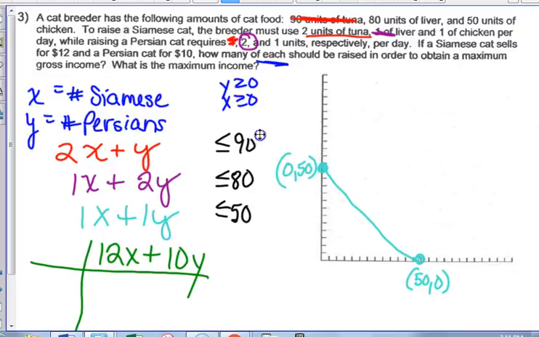Okay, if I do the red one up here, if I put in a 0, I'd get out a 90. If I put in a 90 for the y, it'd say 2x equals 90, which would be 45. So a little bit below this one at 45, and up a bit at 90.